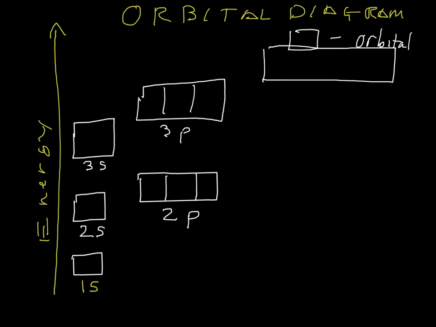Then I'm in the third energy level, so I have 3 subshells, right? So I have a 3D subshell, and remember it has 1, 2, 3, 4, 5 orbitals in it, with higher energy than the 3p. So that's basically what we've done.